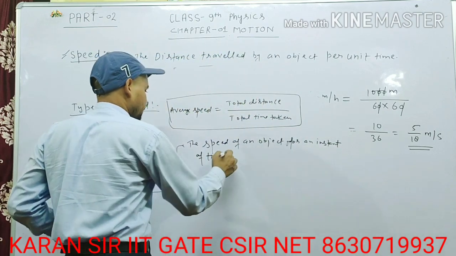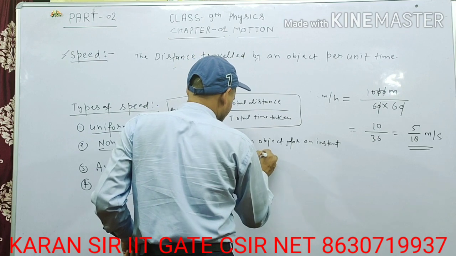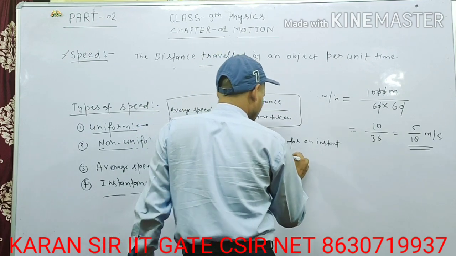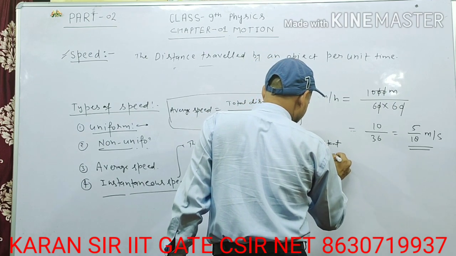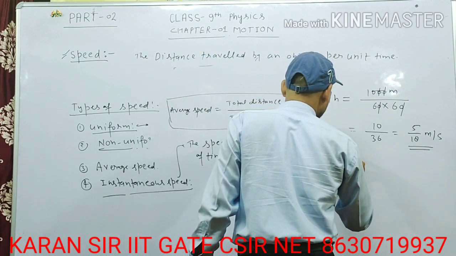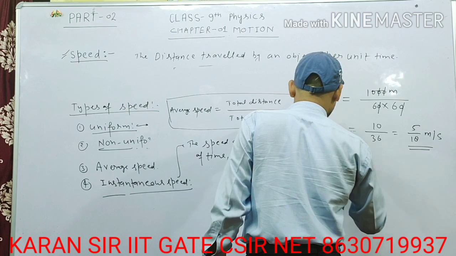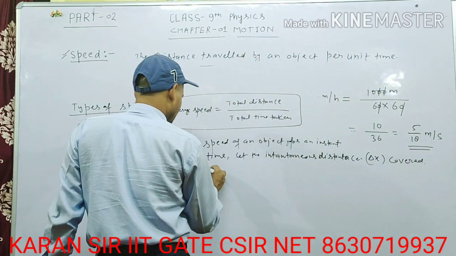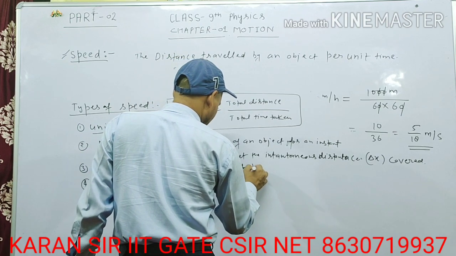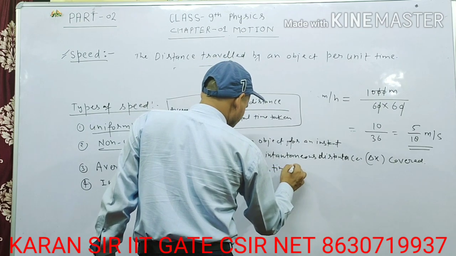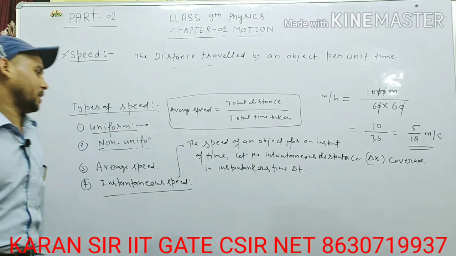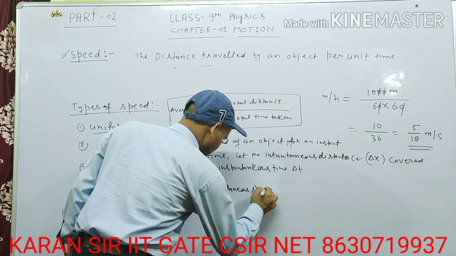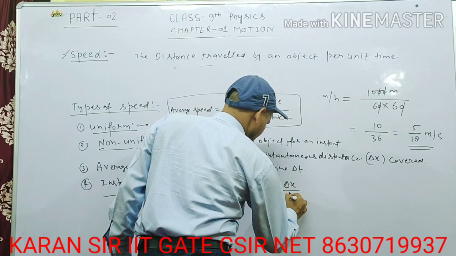ओके, सो फॉर एग्जांपल कि लेट द इंस्टेंटेनियस डिस्टेंस delta x, instantaneous distance delta x covered in instantaneous time delta t, then the instantaneous speed equal to delta x upon delta t.